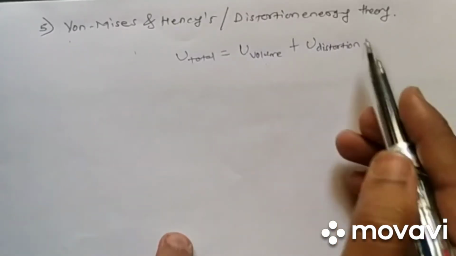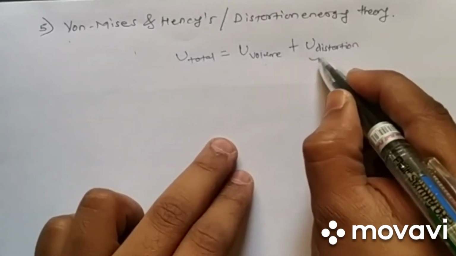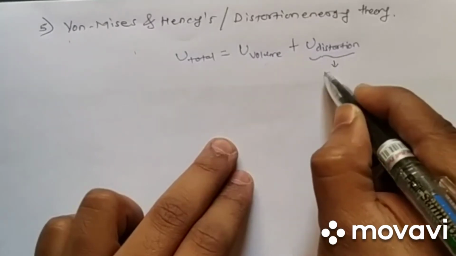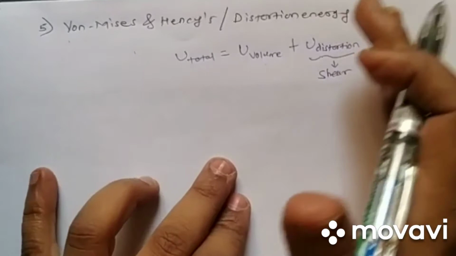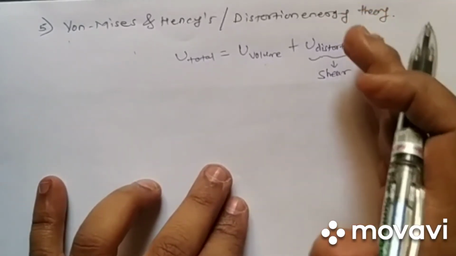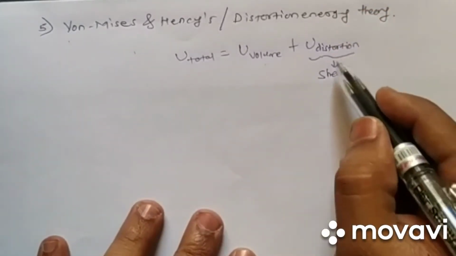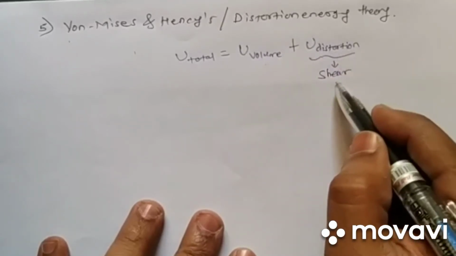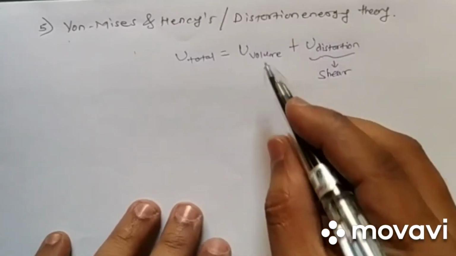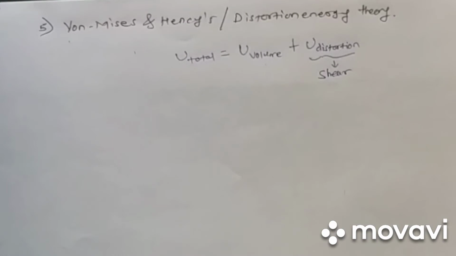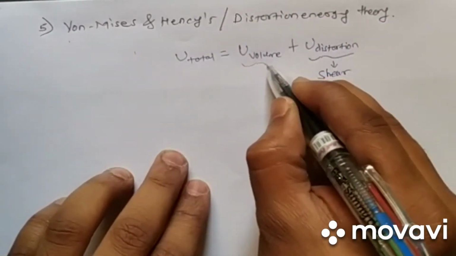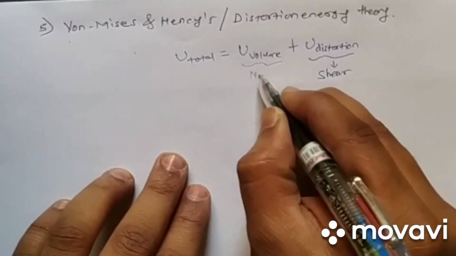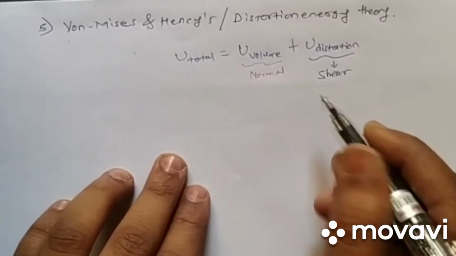Why does distortion occur? It is because of the shear stresses. Shear stresses tend to change the shape of the body, and because of which there is a distortion. The change in volume is because of the hydrostatic stresses, that is the normal stresses. The normal stresses tend to change the volume of the body.